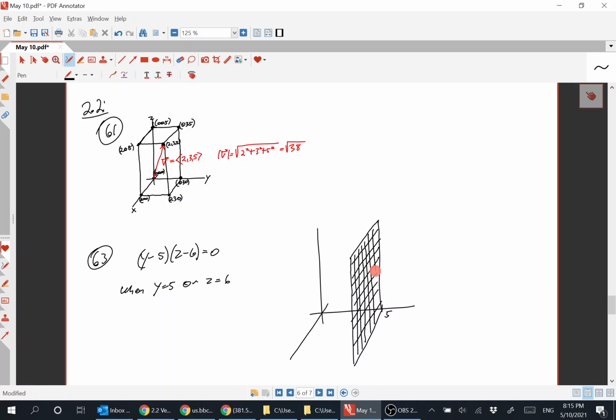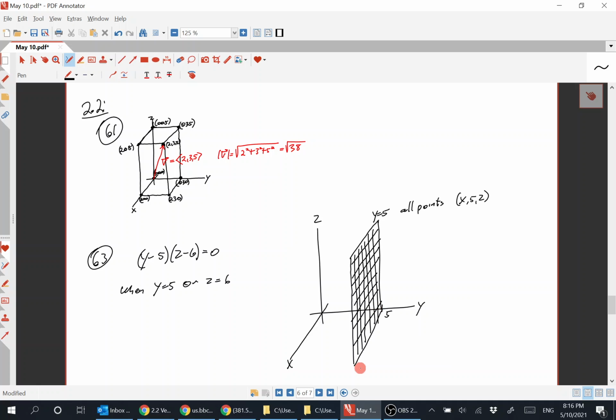So it's (x, 5, z). That turns out to be this plane here, which is parallel to the xz plane. This is the x-axis, z-axis, y-axis, and this is the plane y equals 5. So any point on this plane has coordinates (x, 5, z), for any x and z that you want.